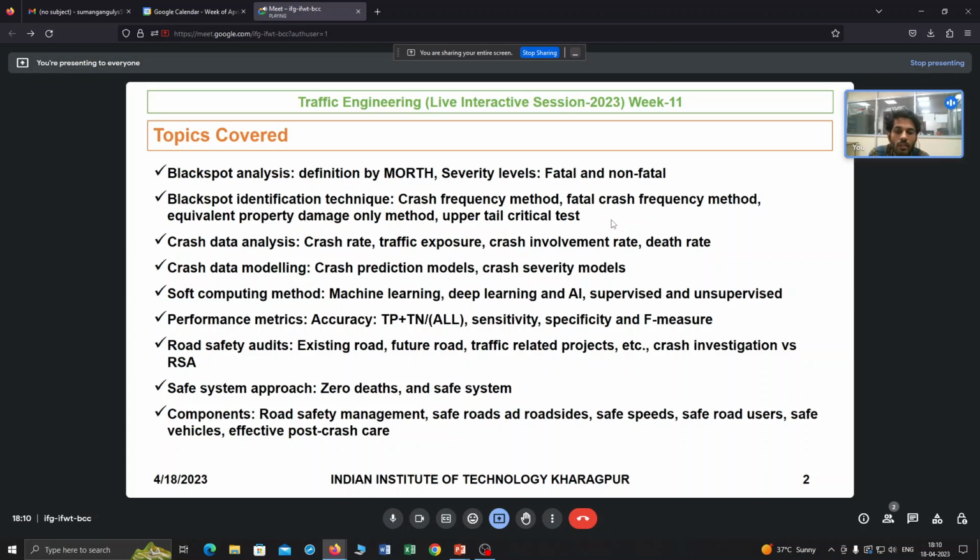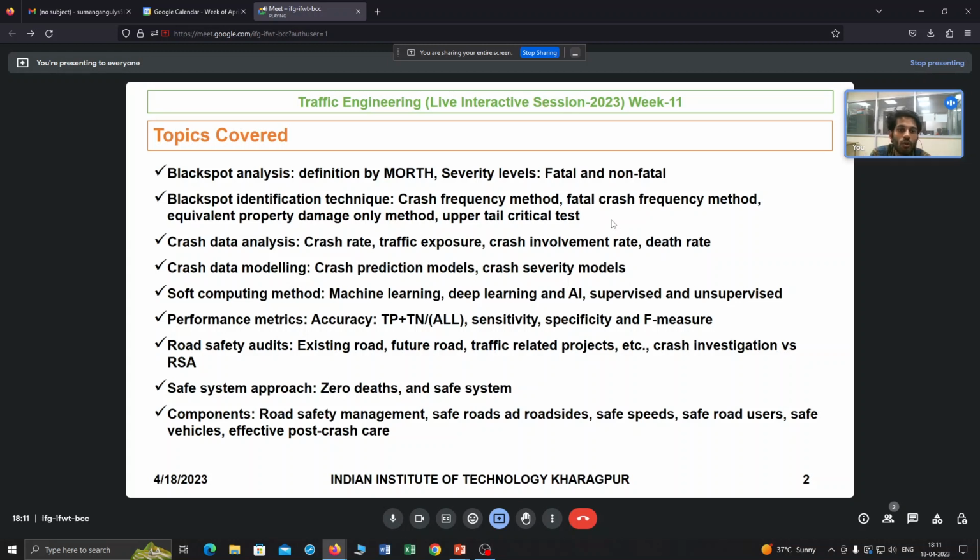Now if you have two locations, at one location maybe the crash frequency is higher, but at the other location the crash frequency is relatively lower, but the fatal crash frequency is higher than the other location. So how do you say which location to prioritize?